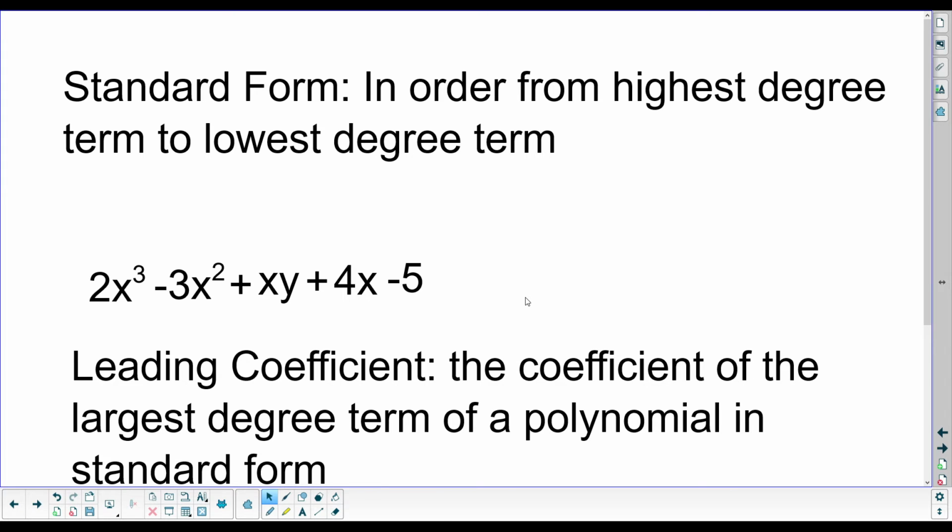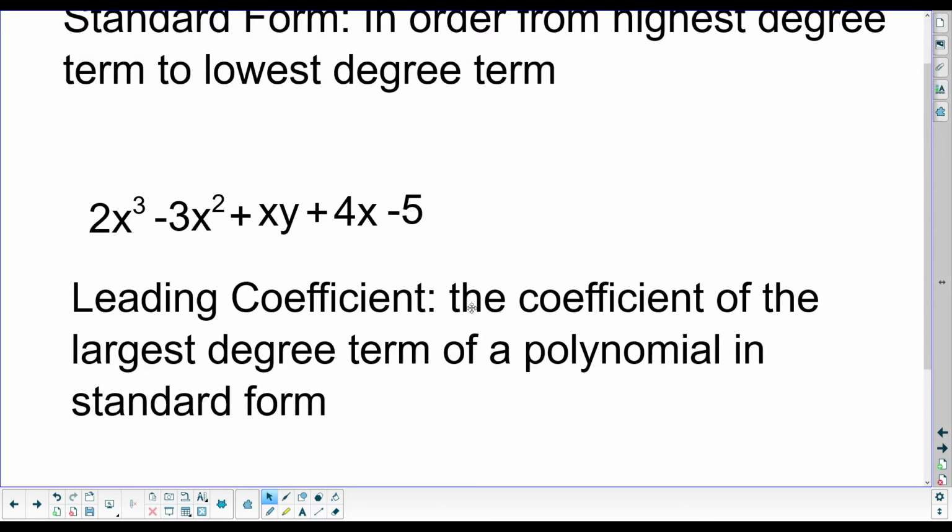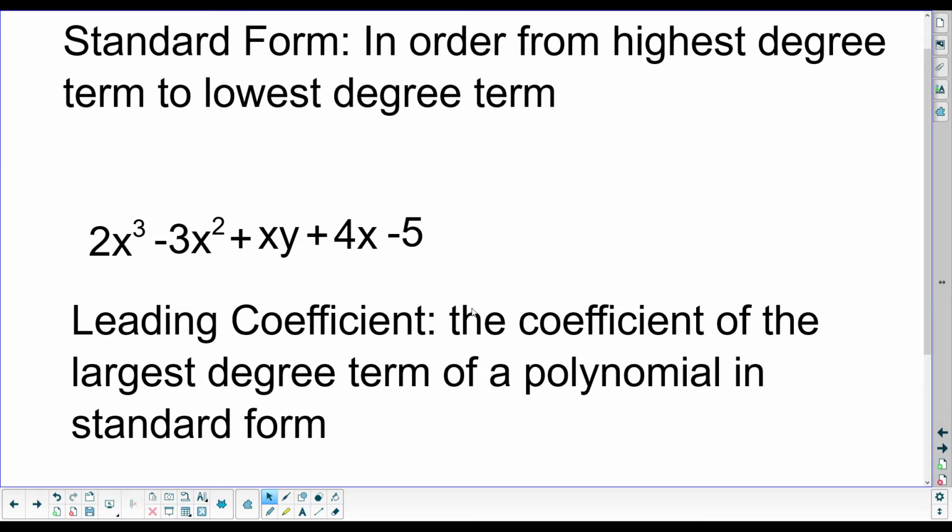When I put that in standard form, it's very easy to see. I just need to look at this first term here, and that tells me that this is a cubic. It's a cubic polynomial with 5 terms. And then we can also talk about what's called the leading coefficient.